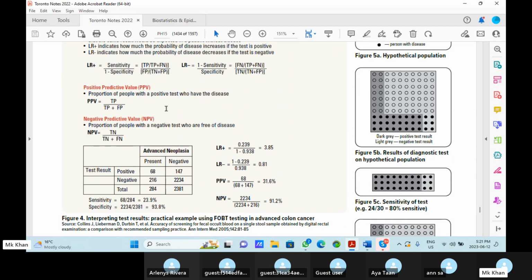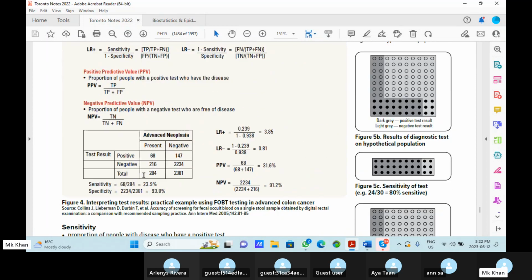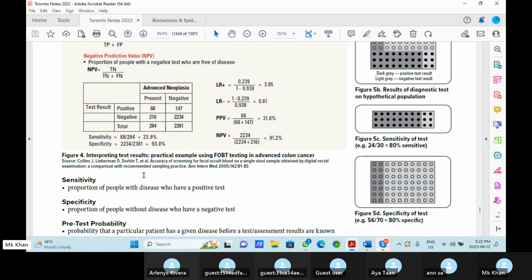We just have to remember these formulas, I think. And then the positive predictive value is the proportion of people with a positive test who have the disease, the ones that we see here. If we go from here to here, it is positive predictive value, and then negative predictive value. Now, I think they are giving one example, advanced neoplasia. This is the sensitivity.